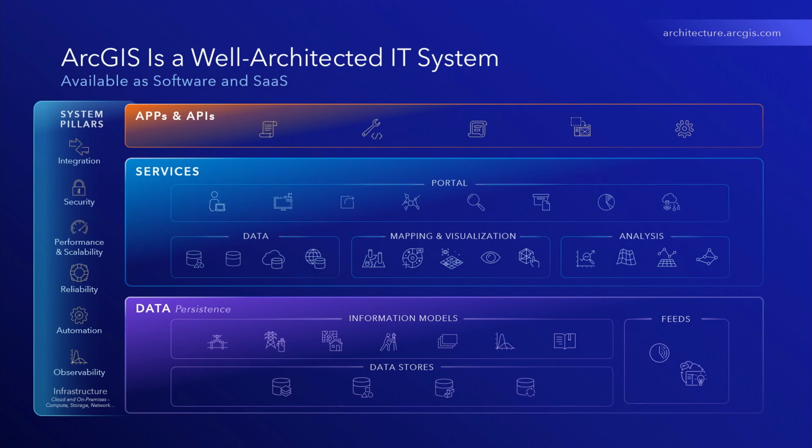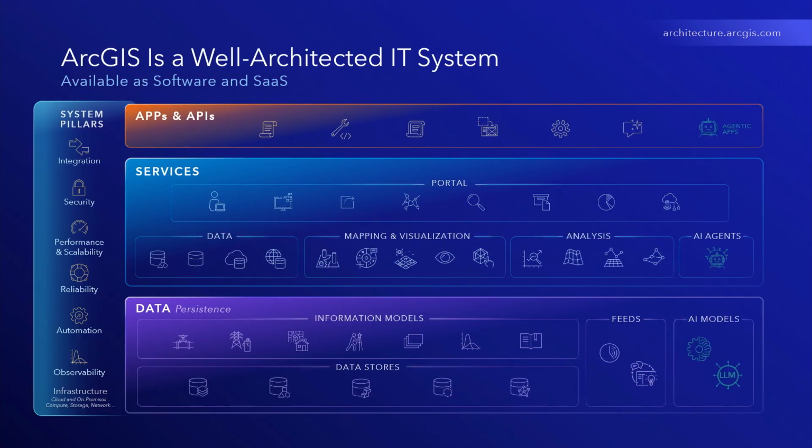And then the representation of you as a user within the portal, the sharing model, what access privileges that you have, what apps and APIs you have access to. What you'll see is that in all of these, the system pillars are taken into account as we build the system, and it's also ready for the future, where the future is now, we could say, bringing AI into the picture. It supports AI agents, AI models, and the ability to build agentic apps like we saw yesterday.